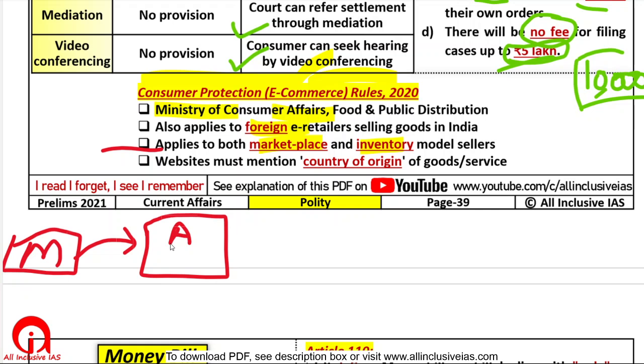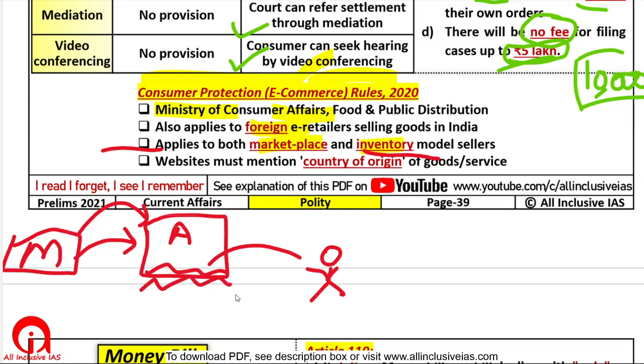Amazon purchased in bulk from that company, kept those things in its warehouse, and whenever you order those things from Amazon's store, it supplies to you. This is the inventory model. Amazon is maintaining an inventory of goods.